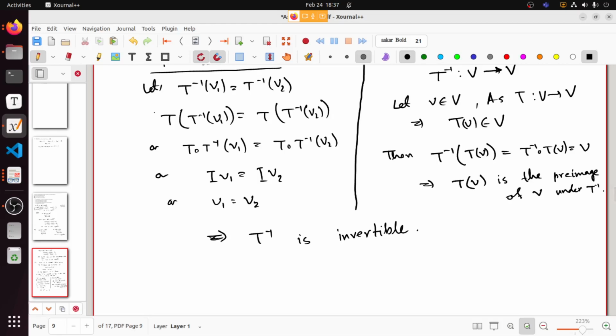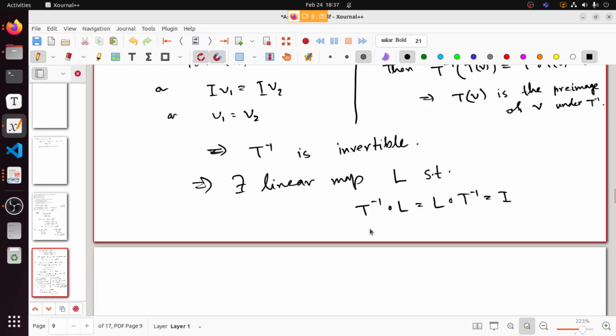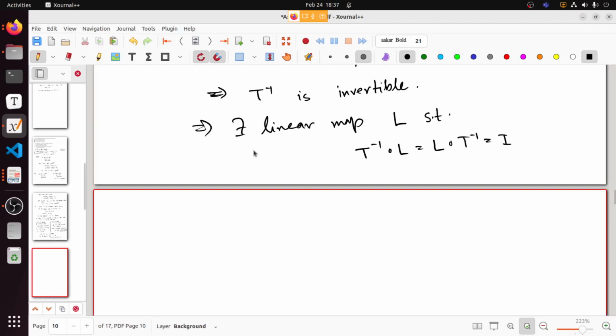Then it must satisfy that there exists a linear map, let's say L, such that T inverse compose L equals L compose T inverse equals identity, right?